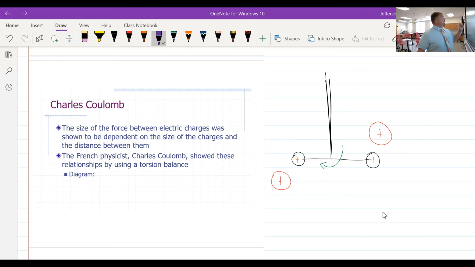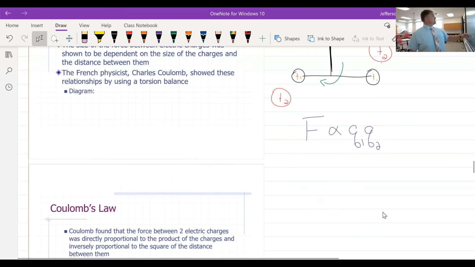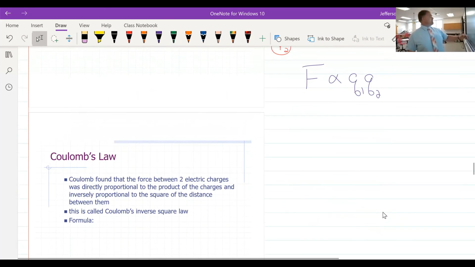He found out that the force between those two charges was directly proportional to the product of the charges. So if we call this charge 1 and this charge 2, and do the same thing over here, charge 1 and charge 2, the amount of twist, the amount of force was directly proportional to those charges. But it was also going to be related to the square of the distance between them.